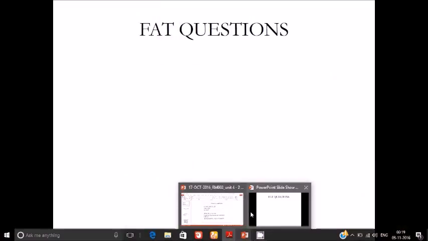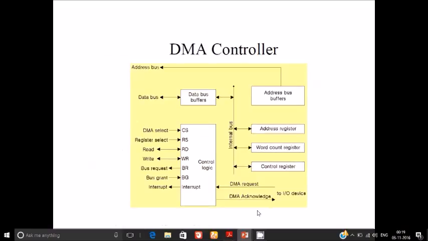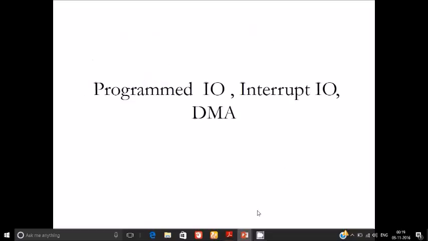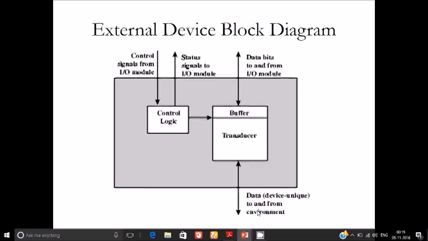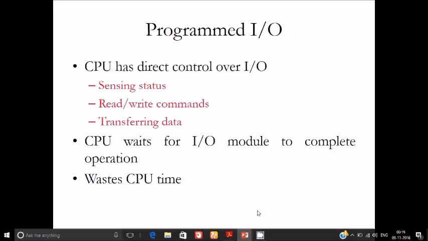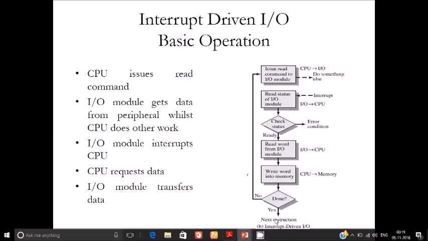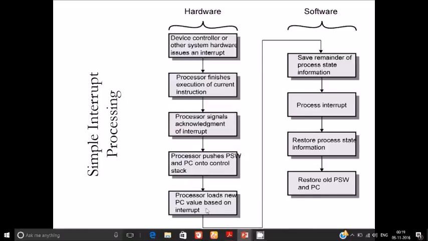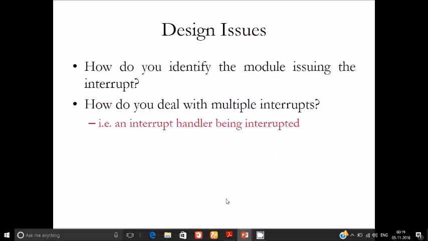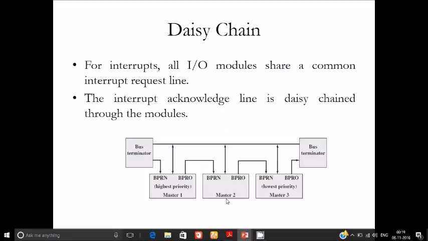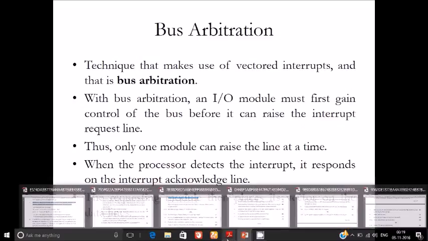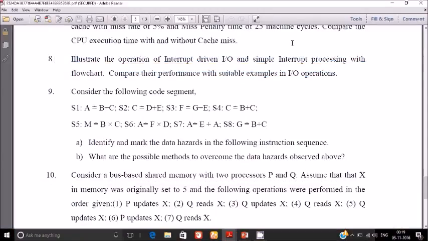I'm going to show you what you need to write: basic interrupt operations, the input output flowchart, as well as the simple interrupt processing flowchart, and an example using the diagram. This is all you need to secure 10 marks, and every question here is 10 marks. The example is also important, so don't forget to go through the example which I previously told you.